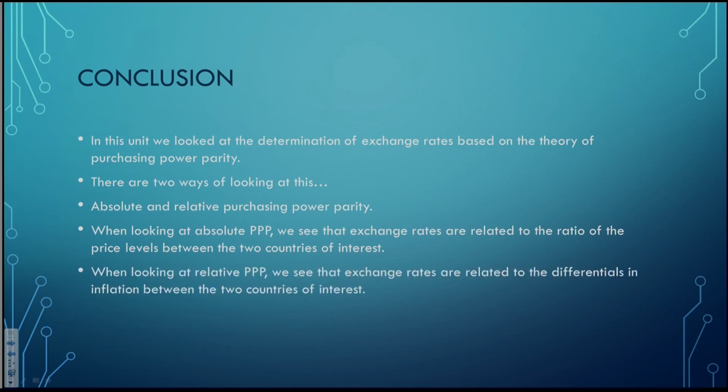When looking at relative purchasing power parity, we see that exchange rates are related to differentials in inflation between the two countries. So again, make sure you're following this because this is an important point. We looked at absolute purchasing power parity and we said exchange rates are related to the ratio of the price levels.